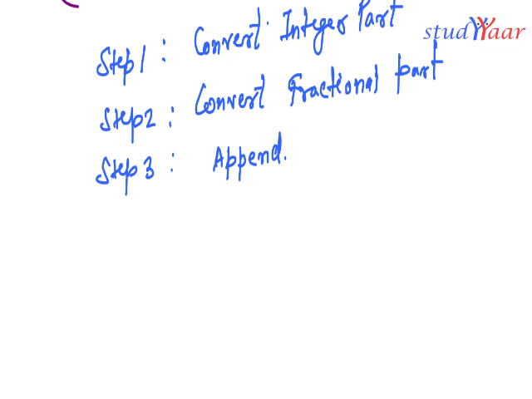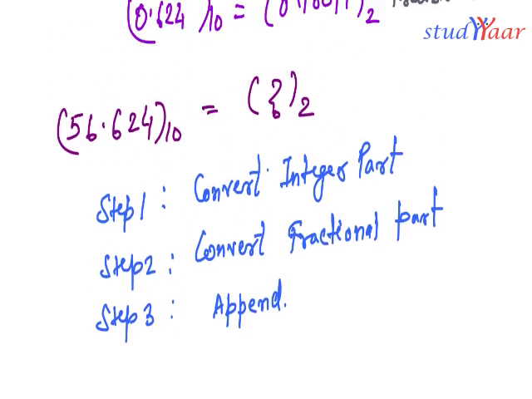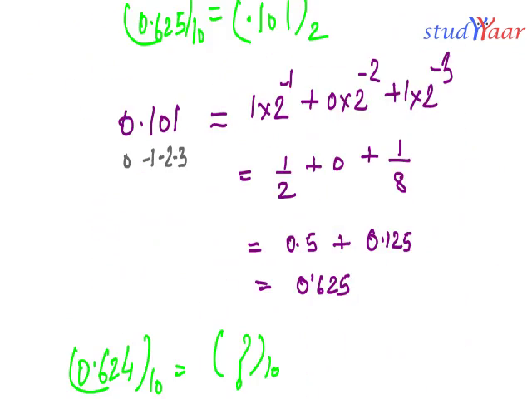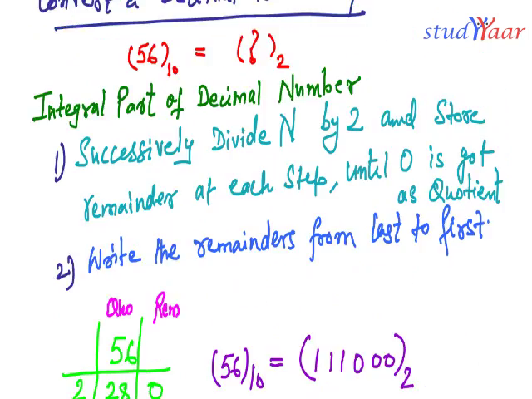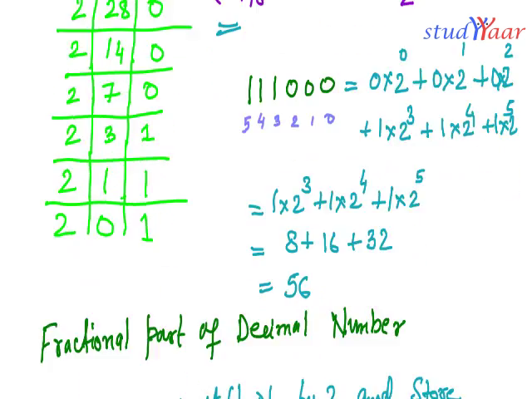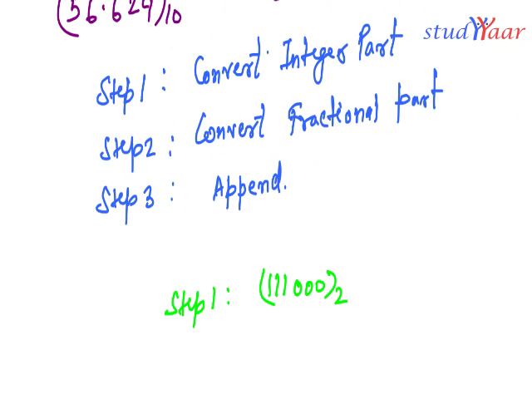So what is step 1? Convert integral part. What is the integral part 56 in binary? It is 111000. Okay, so first step, step 1, 111000 in binary. Step 2, convert the fractional part.